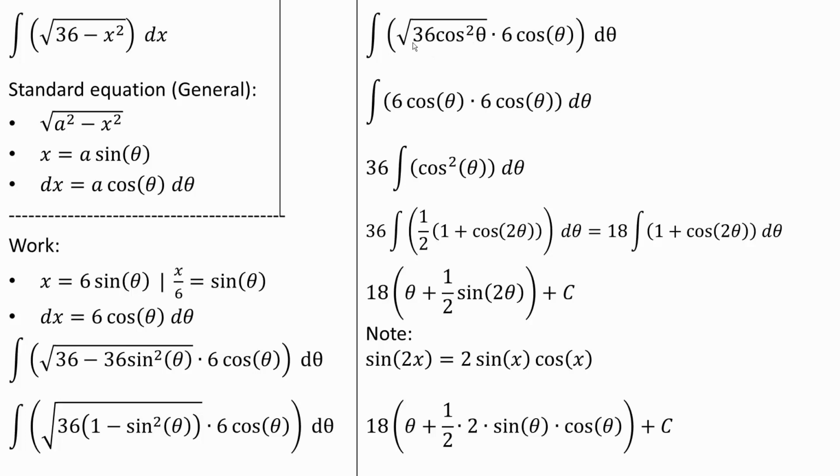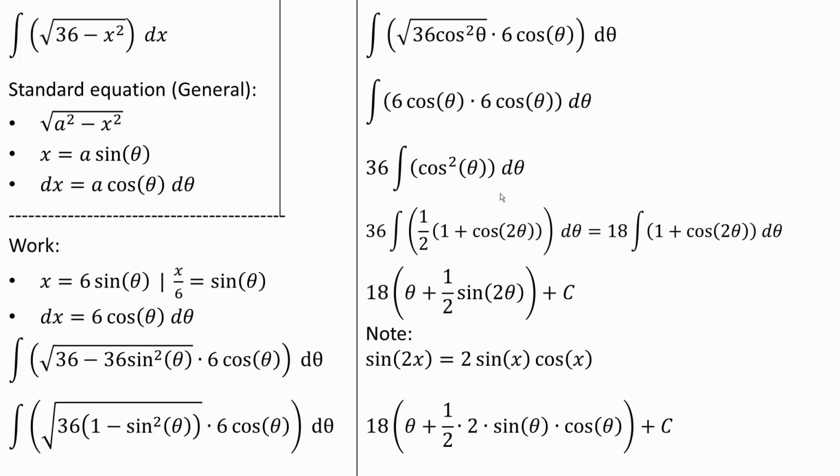And so we would have the square root of 36 cosine squared theta times 6 cosine theta d theta. Now the square root of 36 cosine squared theta is 6 cosine theta. This piece stays the same, times 6 cosine theta d theta. Now we have a 6 times 6, so that's a 36, so we can put it in the front. So we have 36, the integral of cosine squared theta d theta.